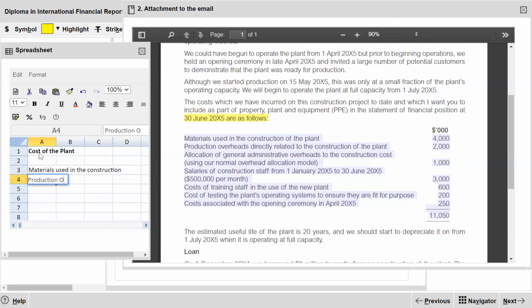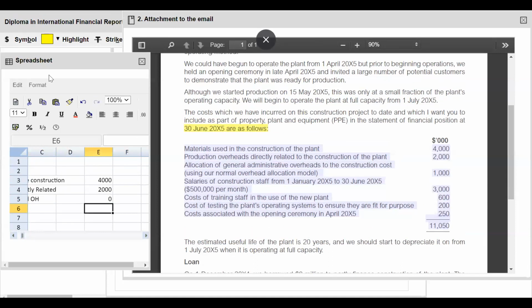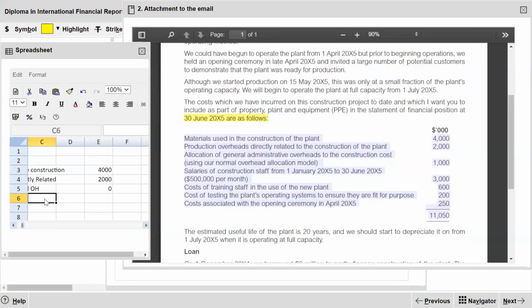Production overheads directly related is 2,000. Allocation of general overheads is going to be 0. The production-related general overheads need not be capitalized.